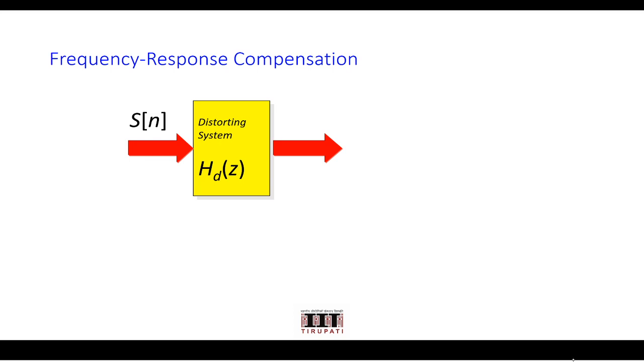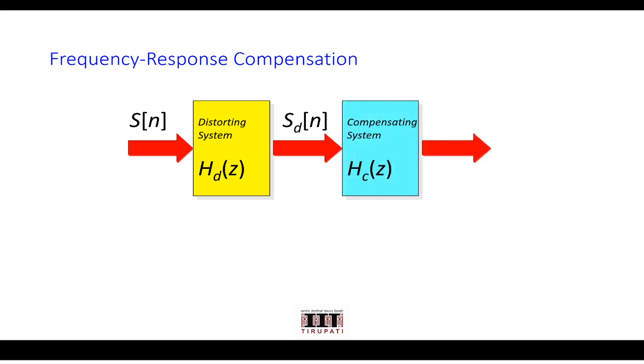Initially the signal is s of n, and you have sent it through a communication channel. What you got out of the system is s_d of n, the distorted output. Okay, so how do you get back to your original thing? Obviously you have to put a compensating system, which ideally should give you back s of n. So that's the basic idea.